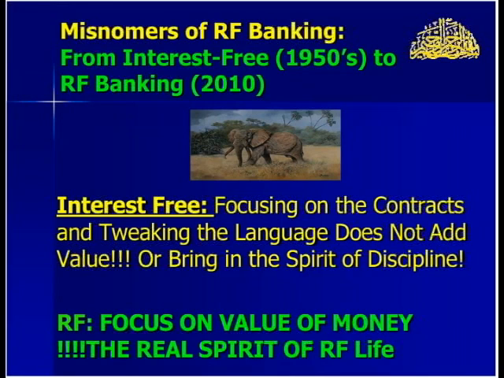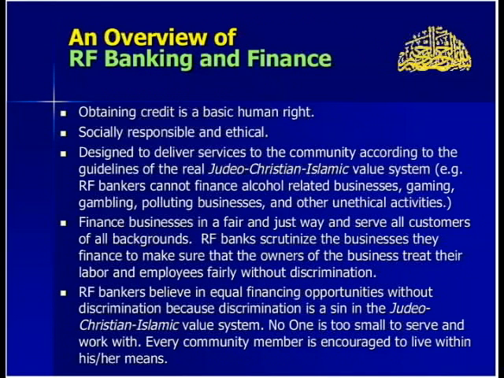You price things based on a reference commodity, which can be a metal commodity, gold, silver, platinum, rhodium, whatever is available in the economy. It can be a natural resource like oil, natural gas. It can be food, something that has an intrinsic value with which you can live or exchange goods and services for. So what I would like to do, I'd like to summarize the foundations of the RF banking.